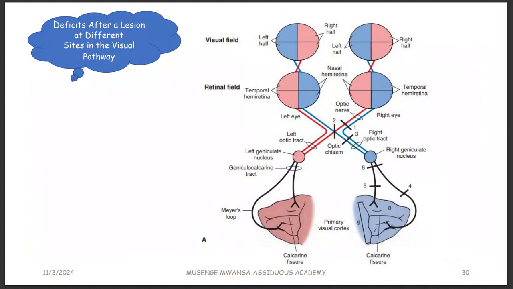Okay, let's look at this diagram. What is on top here represents the visual fields. This is the left visual field, and this is the right visual field.